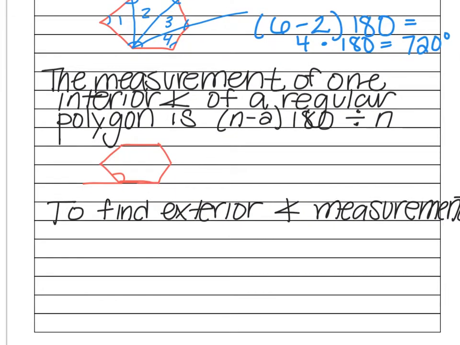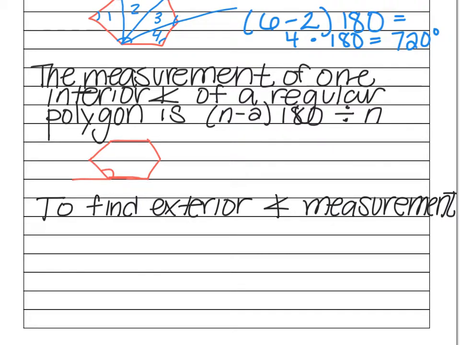The measurement of one interior angle of a regular polygon is n minus 2 times 180 divided by n. So what if I just wanted to know what one of these angle measurements is? Well, we know that all of them add up to be 720 because we already did the math. But for the sake of plugging it into the formula again, we would do 6 minus 2 times 180, which we know is 720.